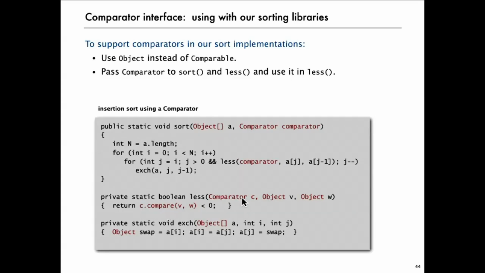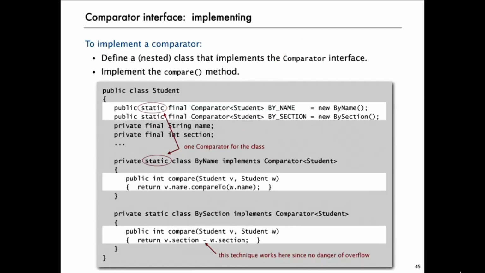This is a straightforward modification to our sorts. And then exchange, of course, rather than doing comparable, has to use object. So with these straightforward changes, add the comparator as argument to the sort and to less, and make our array to be sorted an array of objects.